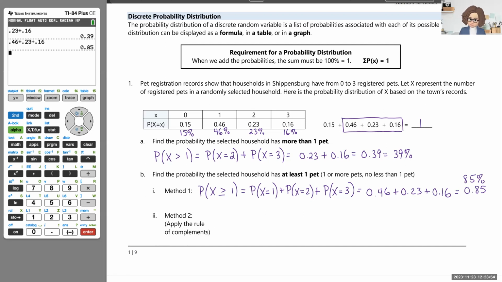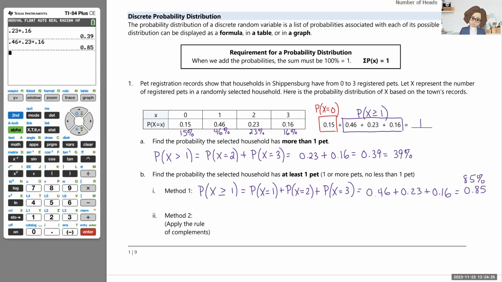So the only probability not part of the probability that we're seeking. So this probability was X greater than or equal to 1. The only other possibility would be that X equals 0, no pets. So the complement of at least one pet, the only other possibility would be no pets.